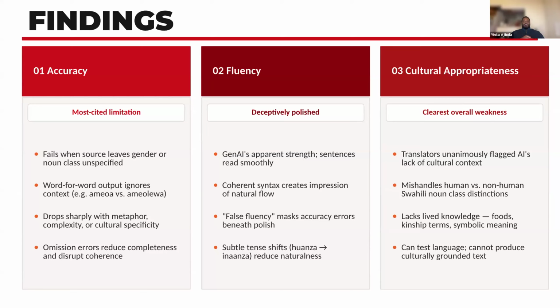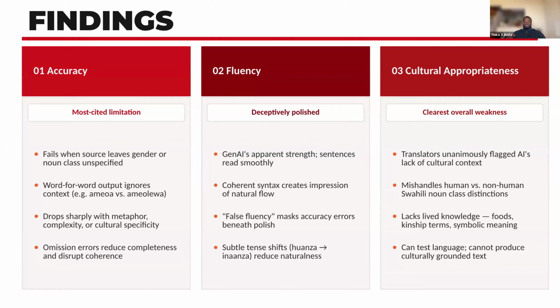And finally, there's the cultural aspect, where AI struggles the most. A majority, or I should say all, of my participants did mention that generative AI does not understand cultural context.